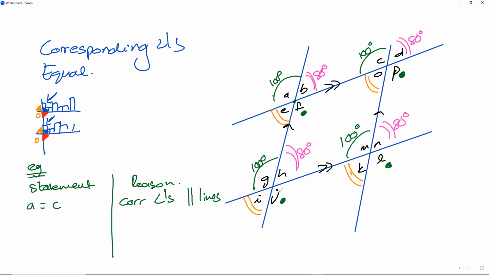So this would be, if this was A and B, this would be C and D, then you know AB is parallel to CD. So statement, reason, A equals C, corresponding angles, parallel lines. For example, I could also say A equals G, corresponding angles, parallel lines. Okay. All right, and that's corresponding angles in a nutshell.